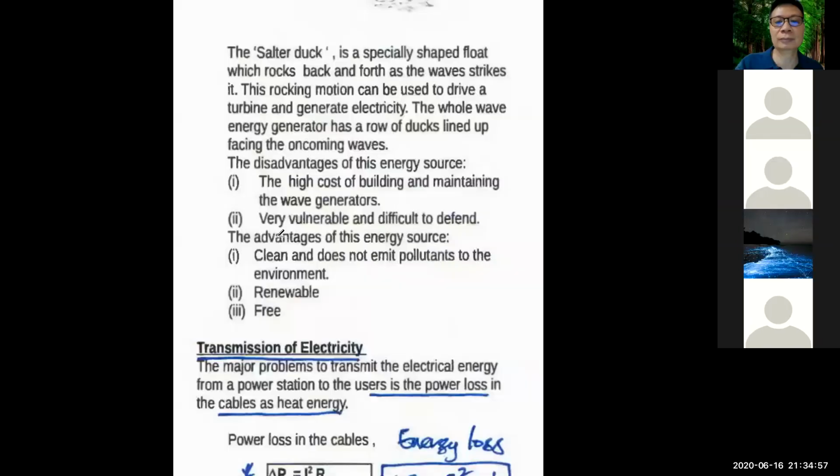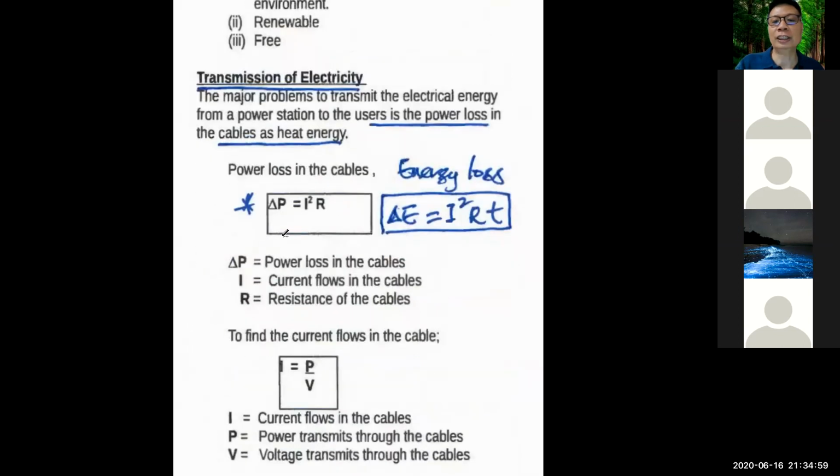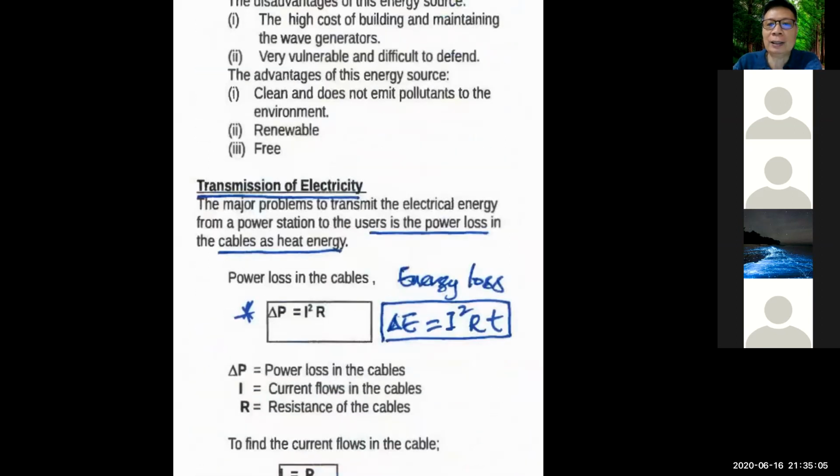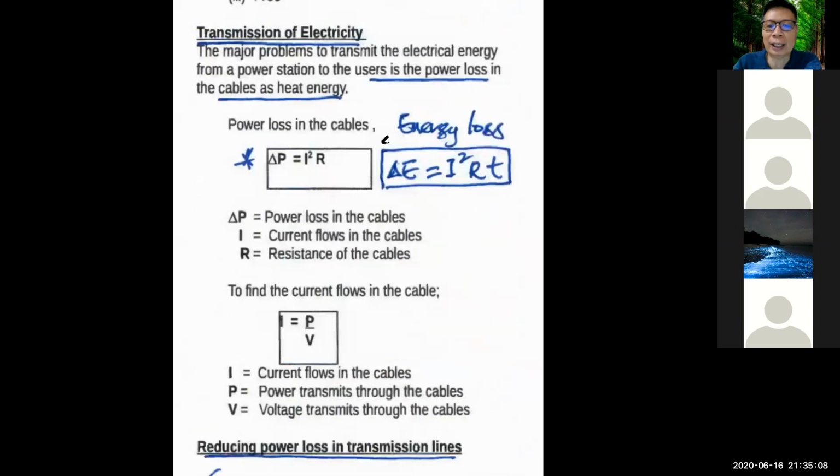Okay, so we have finished one part already. Now we move on to the next one, which I can say is more important. Transmission is more important. Okay. Don't look at here first. Let me explain to you first. Transmission is like this.